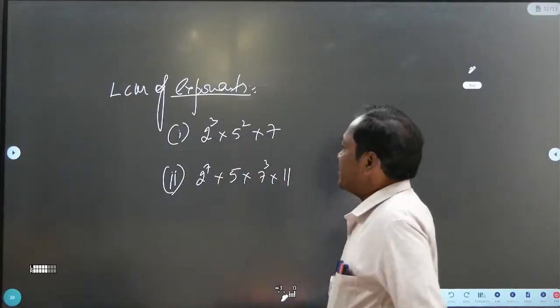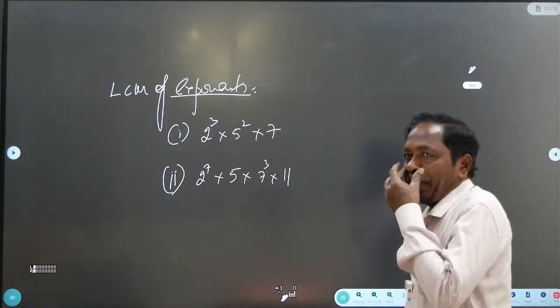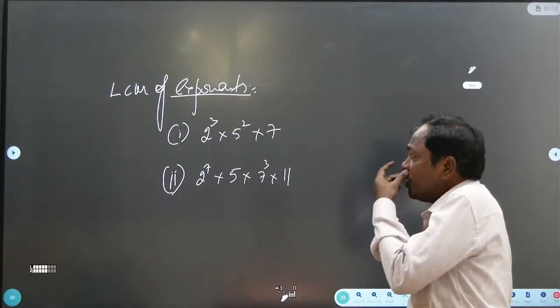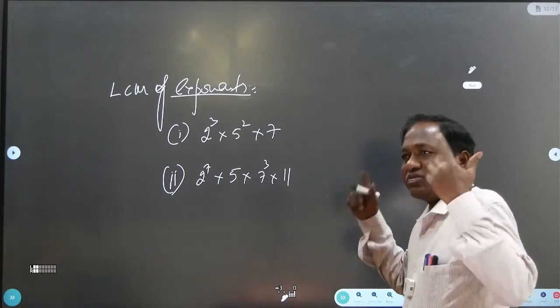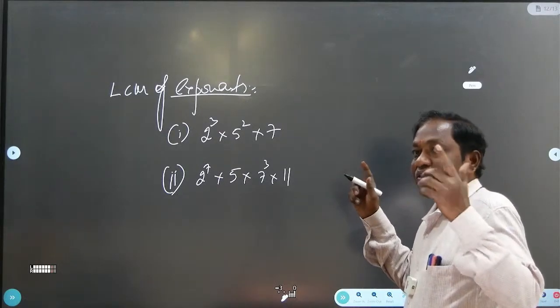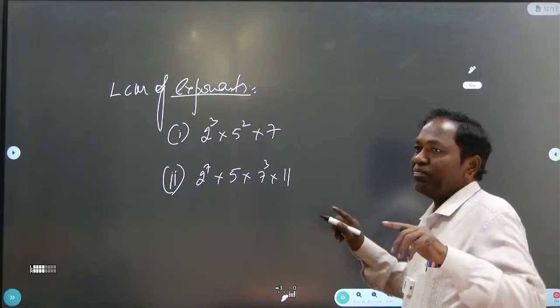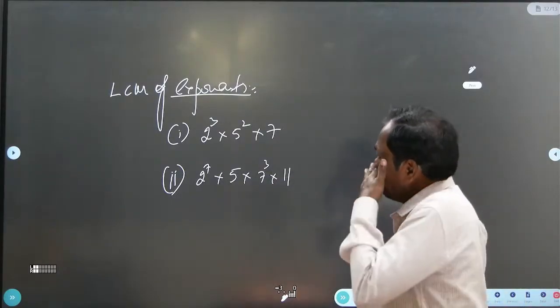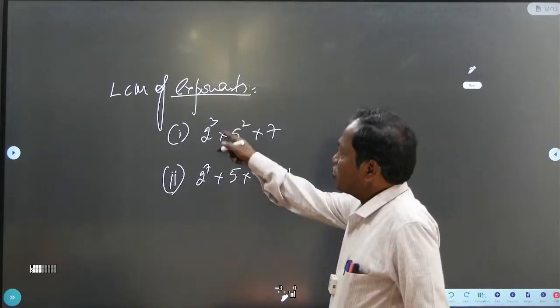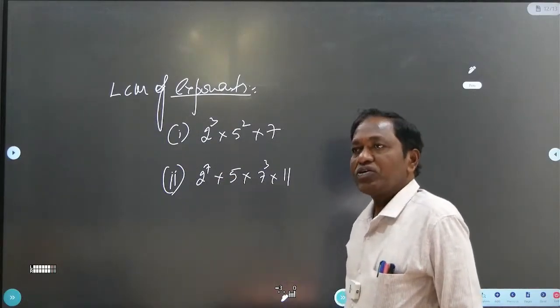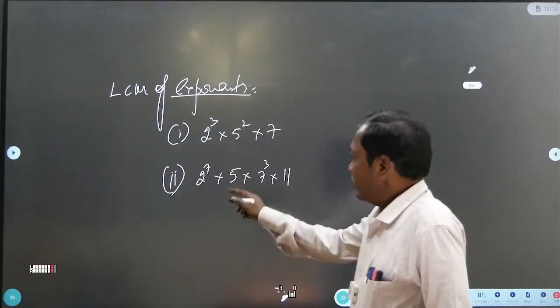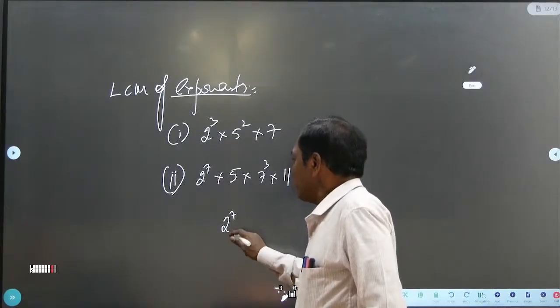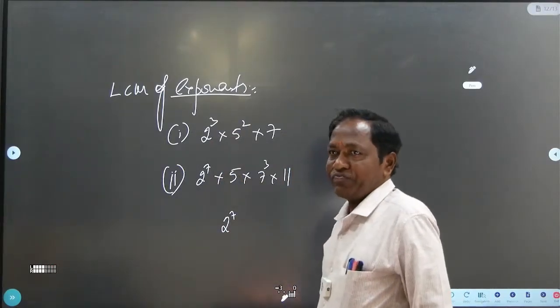What is the LCM of these two? What did we learn here? The LCM is always the largest of the given numbers or a multiple of the largest number. Which is the largest between 2 cubed and 2 to the power of 7? 2 to the power of 7, which is divisible by 2 to the power of 3.